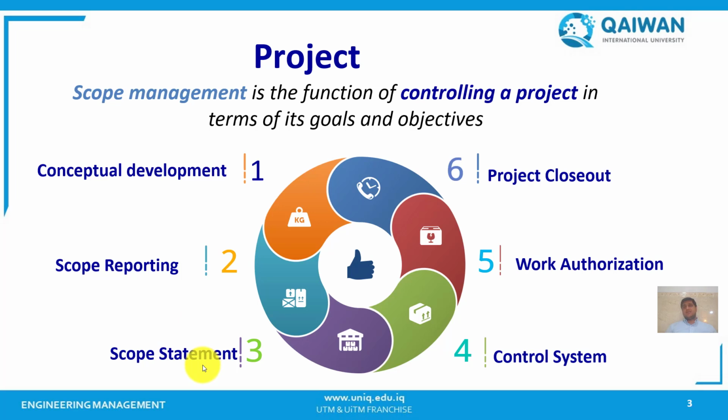The scope statement is a document that outlines the project scope and the project's objectives and deliverables, or constraints and stakeholder sign-offs. Here we have some assumptions for the project's objectives and deliverables.